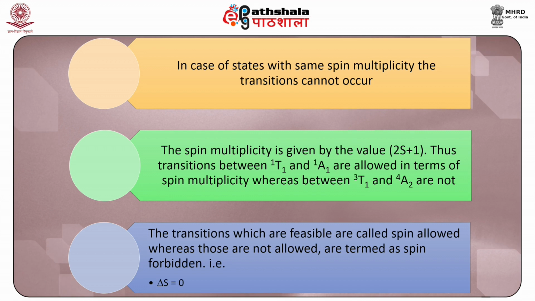The transitions which are feasible are called spin allowed, whereas those with different spins are termed spin forbidden. The value of delta S should be equal to 0.